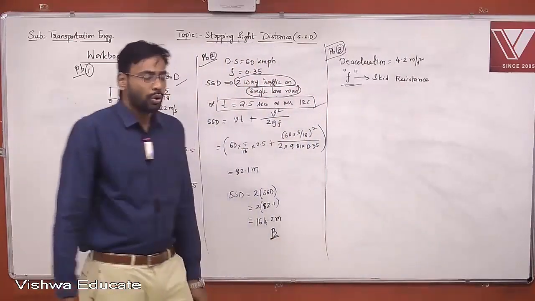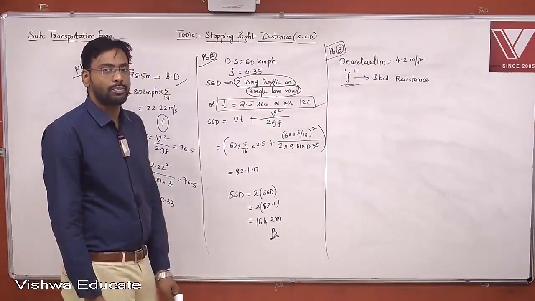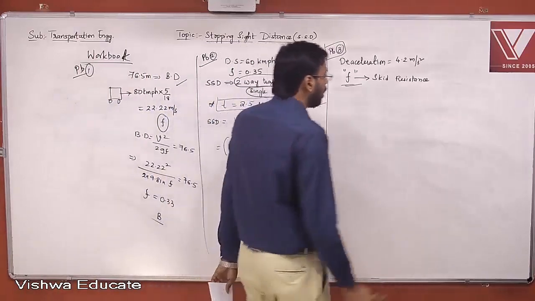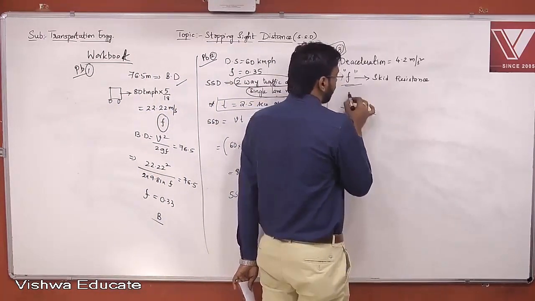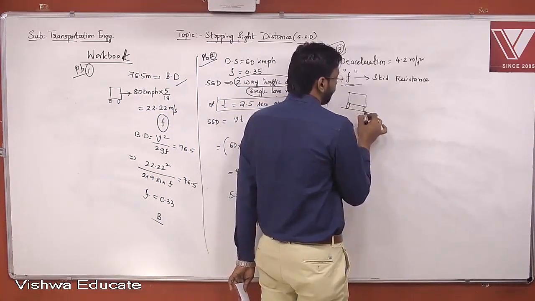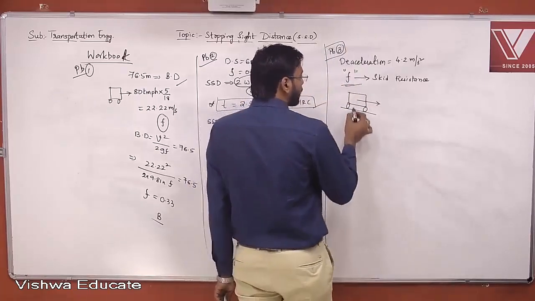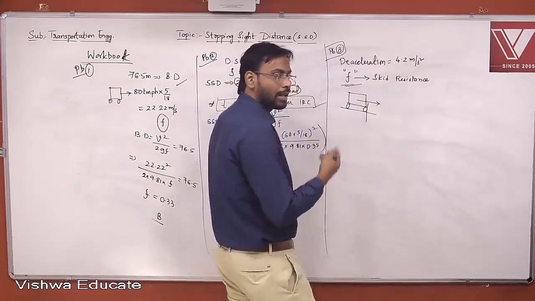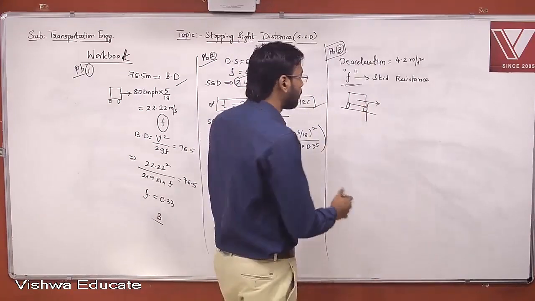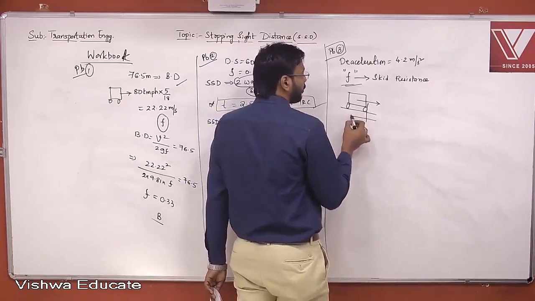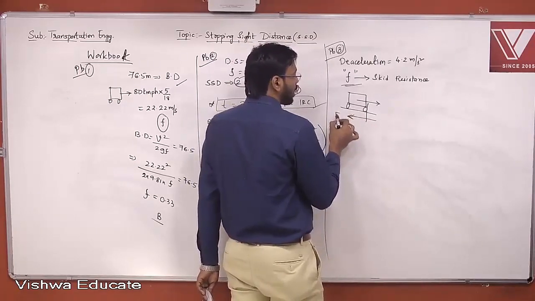Now to know this, we need to do a very small derivation. Let us say this is your car. It is moving in this direction, and as it is, you have applied a brake, as it is said in the question also. So there will be a frictional force which is acting in this direction, right?